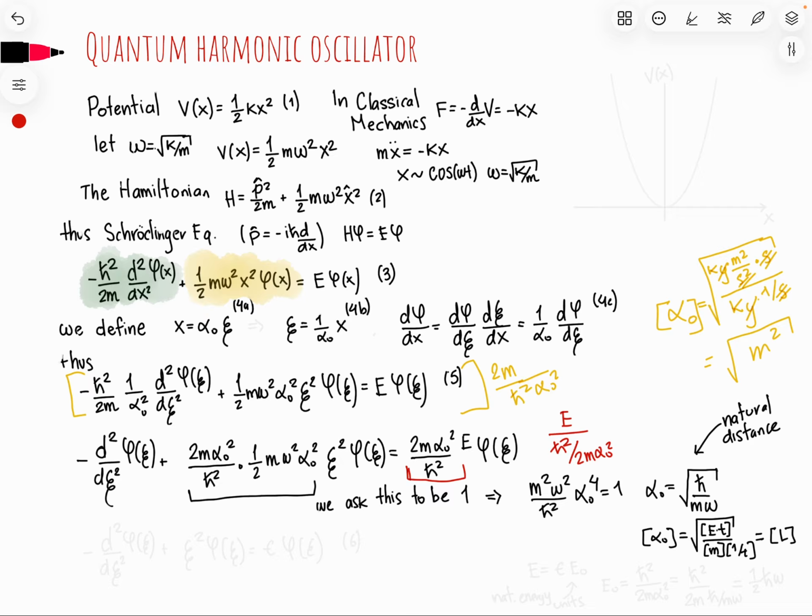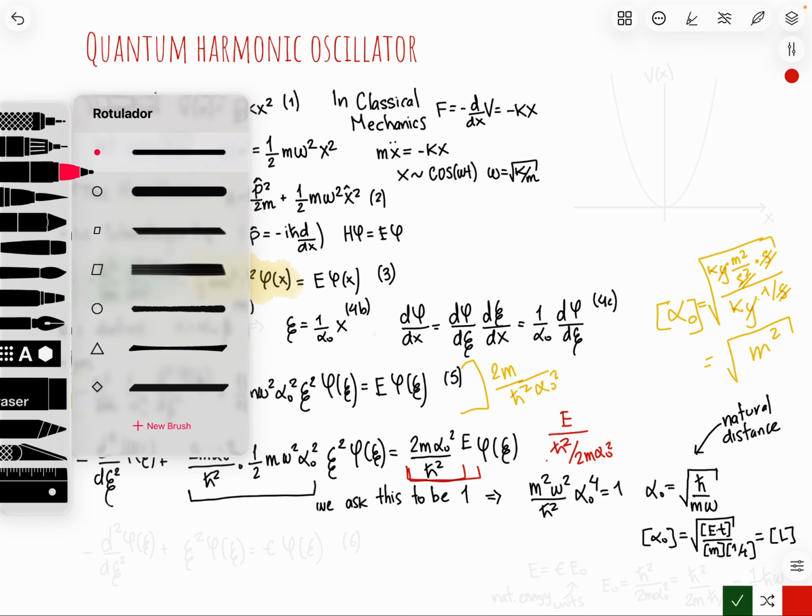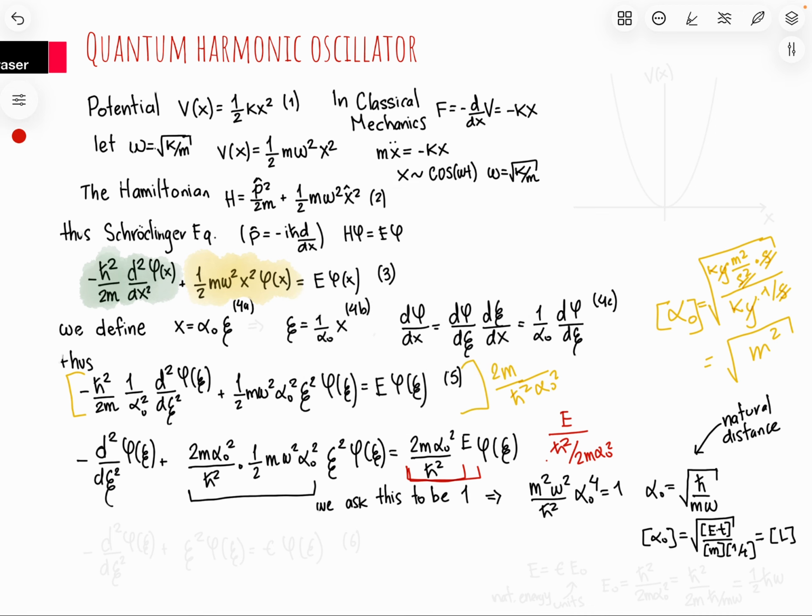So this term should be a-dimensional, right? Because this is an equation, and here in the left side, we have coefficients which are a-dimensional, so in the right-hand side, there should be also a-dimensional coefficients. So this is a-dimensional. This inspires us to define a variable epsilon given by this equation here, which is a-dimensional.